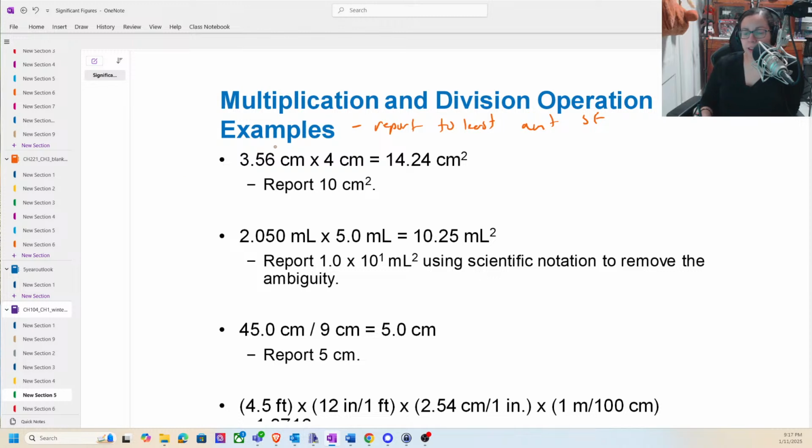And this is a good reminder to give yourself enough numbers when you take initial measurements. So we have 3.56 centimeters multiplied by 4, except we have 1 sig fig here, 3 here. This is our limiting one.